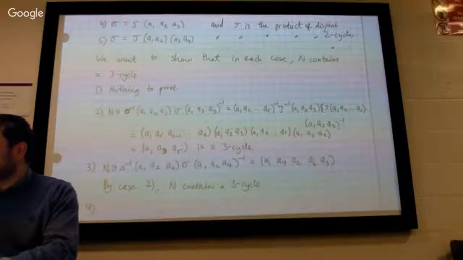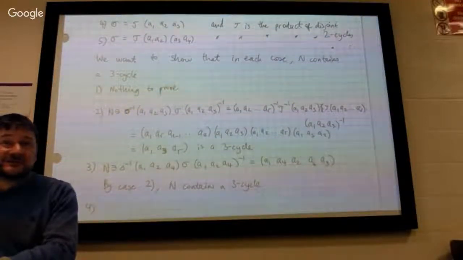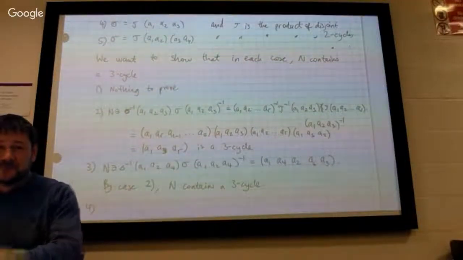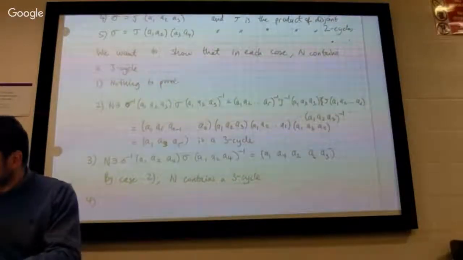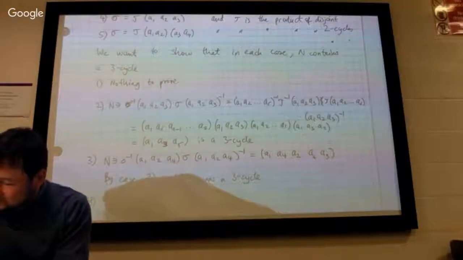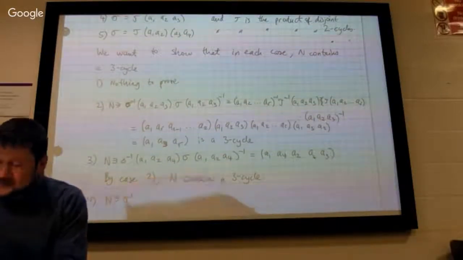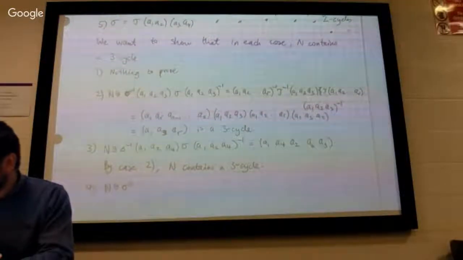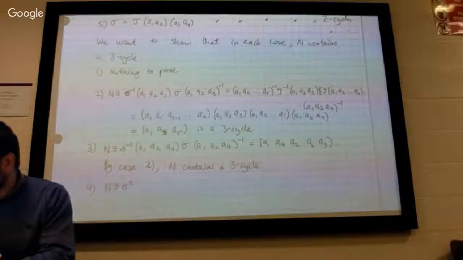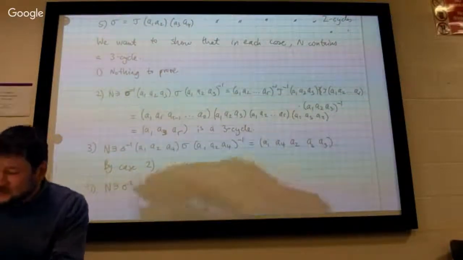that only has one free cycle and the rest of them are 2 cycles in the product of sigma, all disjoint. In this case, N contains sigma squared, because N contains sigma, so it also contains sigma times sigma. So what is this?